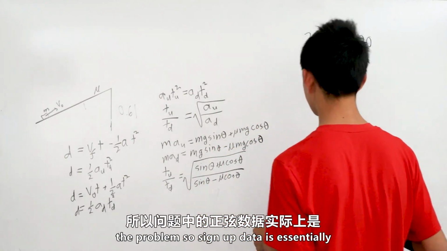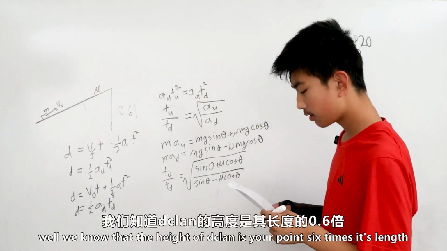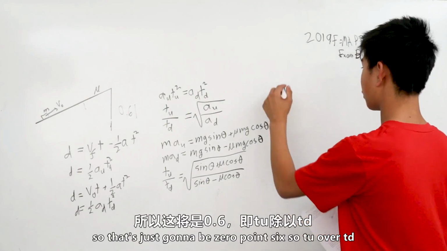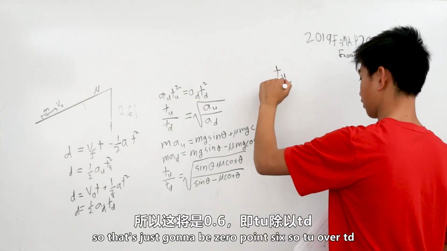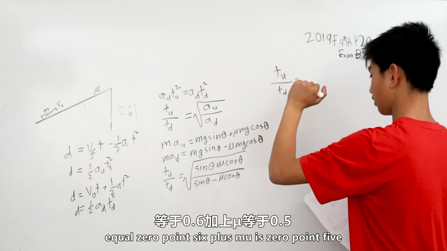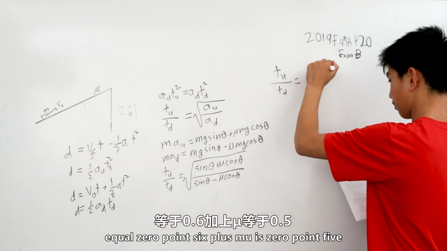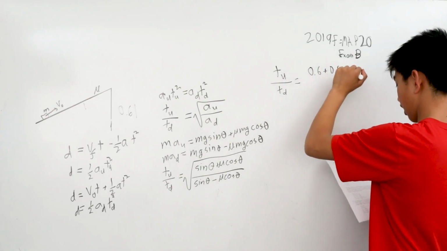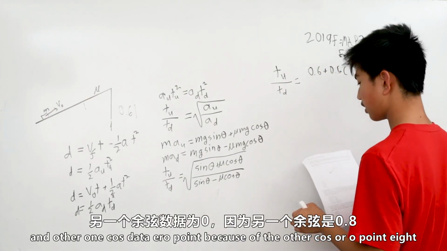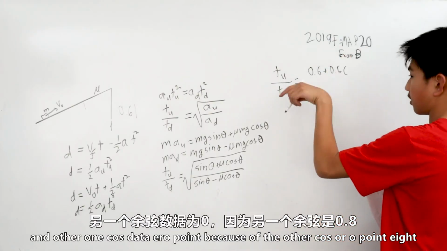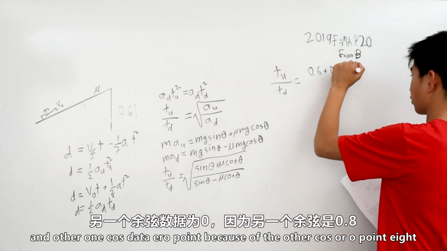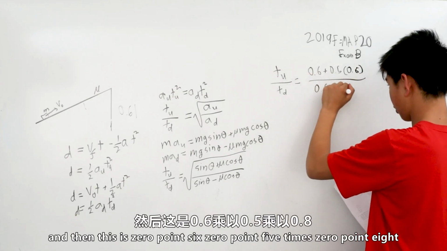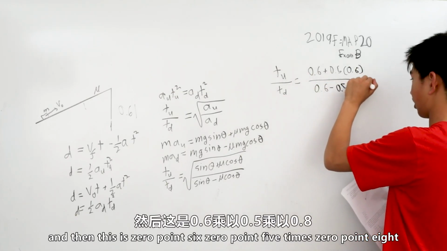Sine of theta is essentially, since the height of the incline is 0.6 times its length, just 0.6. So t sub u over t sub d is equal to the square root of 0.6 plus mu, which is 0.5, times cosine theta, which is 0.8, and then divided by 0.6 minus 0.5 times 0.8.